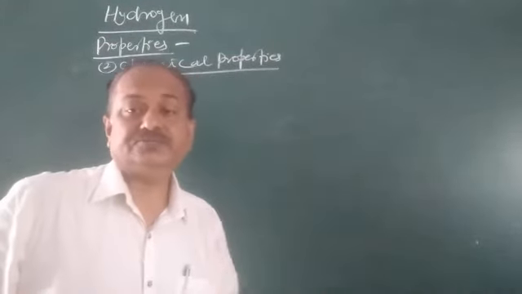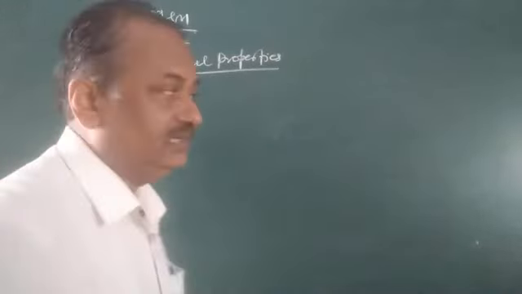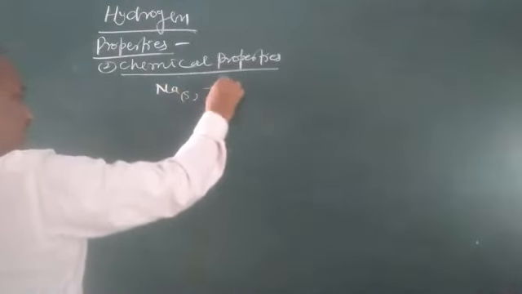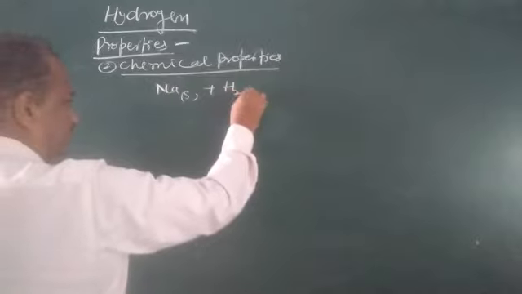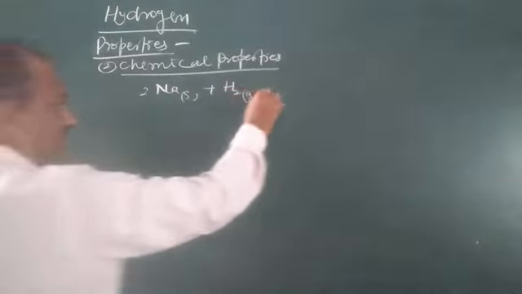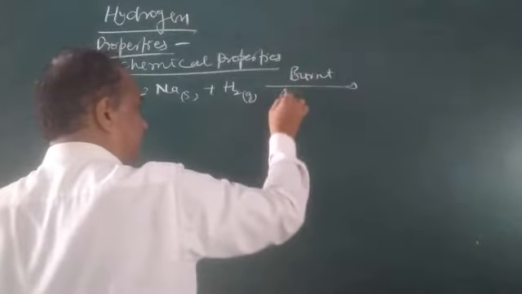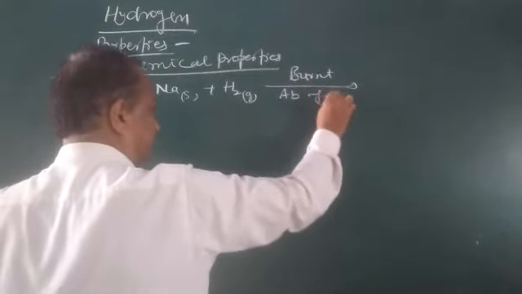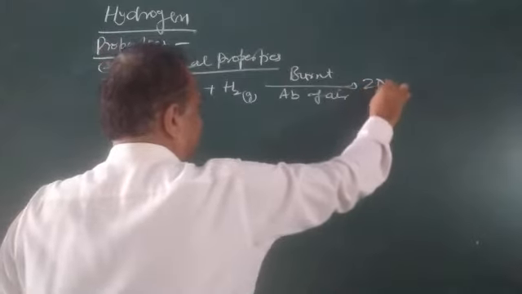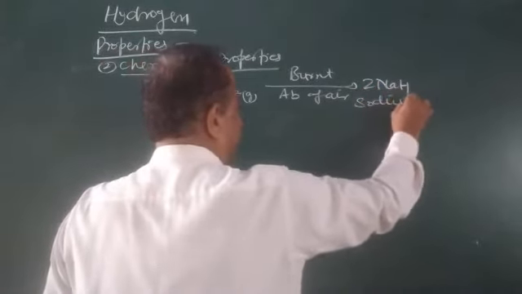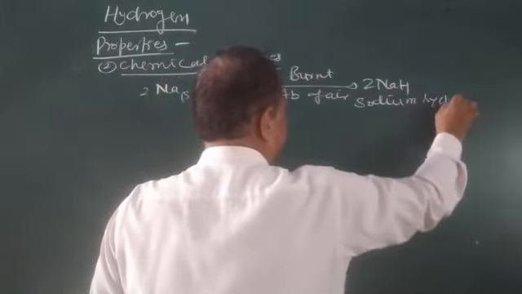It can react with different metals also to form hydrides. Like we take sodium solid. When it is burned with hydrogen in absence of air, there is formation of NaH, sodium hydride.